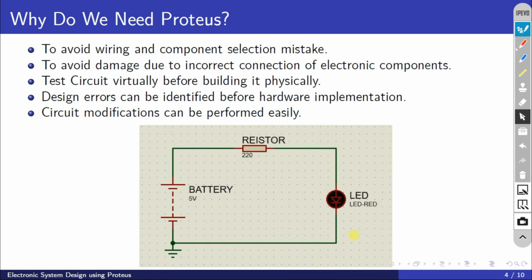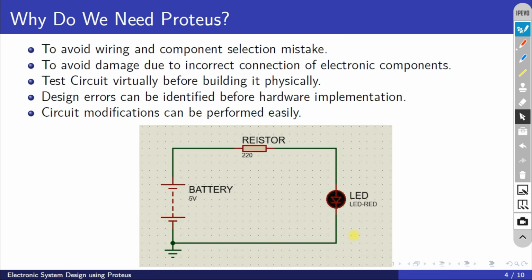So now, let us discuss why we need Proteus. When we build an electronic circuit using actual hardware, there is always a possibility of making wiring or component selection mistakes. A wrong connection or an incorrect component value can cause the circuit to malfunction.